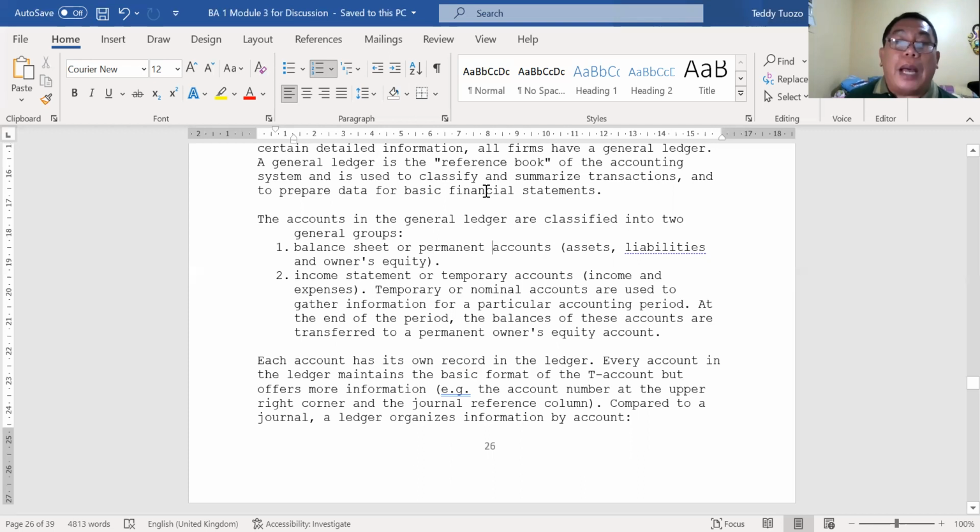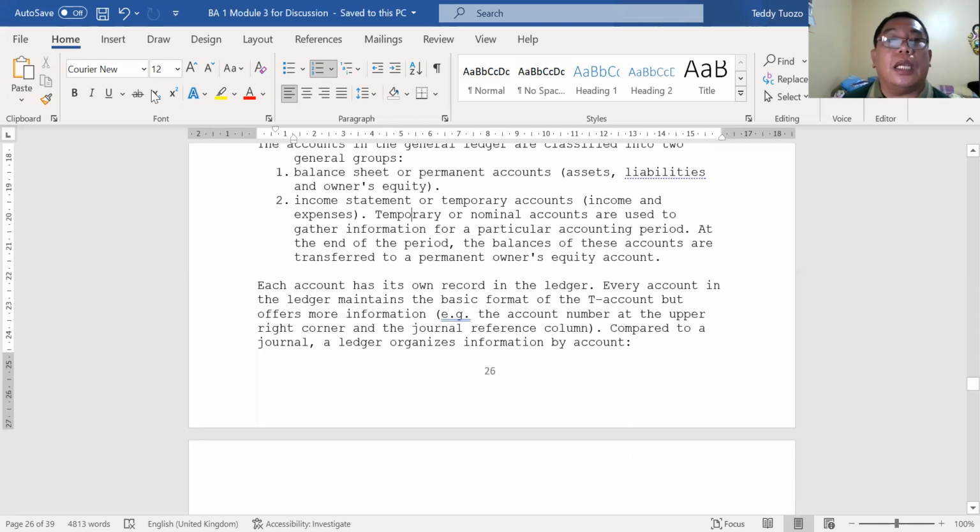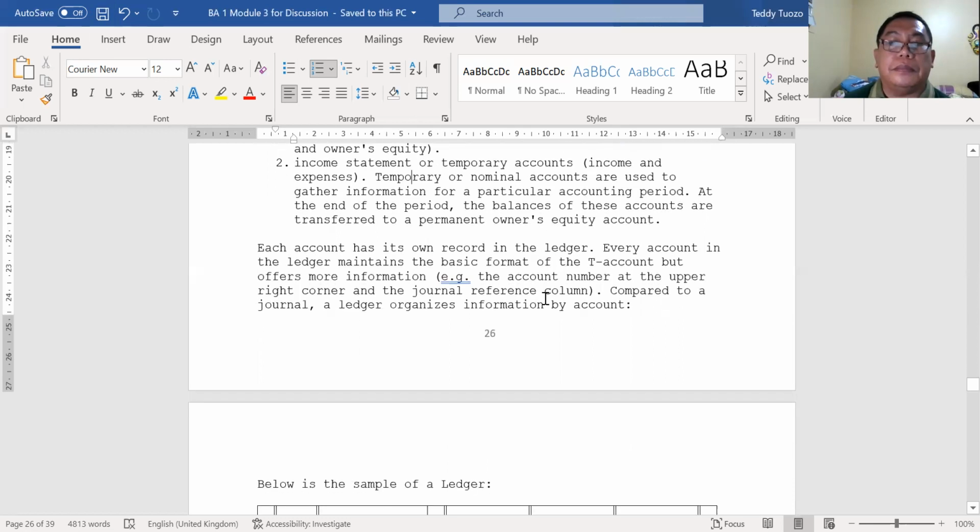But for income, for example, consulting revenues for the year 2021, at the start of 2022 it is zero, class, because the income statement accounts are closed at the end of 2021. So all income and expense accounts are closed at the end of an accounting period. Only the permanent accounts remain, or only the permanent accounts have a balance in the general ledger at the end of an accounting period.